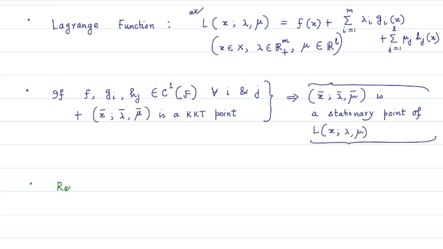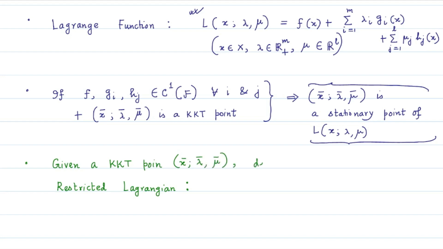Define a restricted Lagrangian, or the restricted Lagrange function, as follows: given a KKT point, say x bar together with the Lagrange multipliers lambda bar, mu bar, we consider the function L of x but with given values of lambda and mu, namely lambda bar and mu bar respectively.